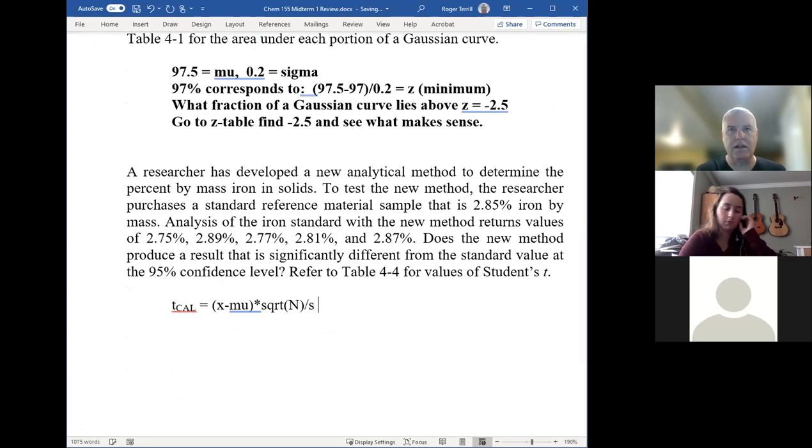And the question is, is T cal greater than T table? This is the question. So this is mu.